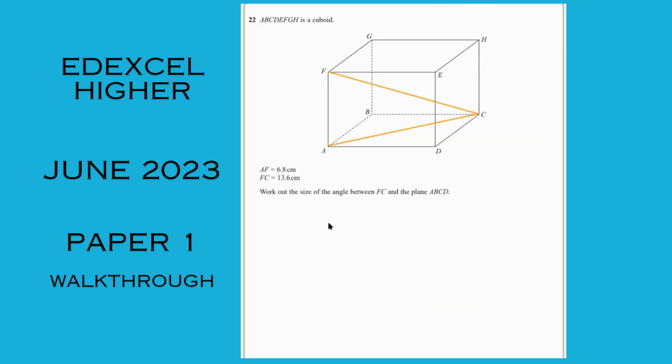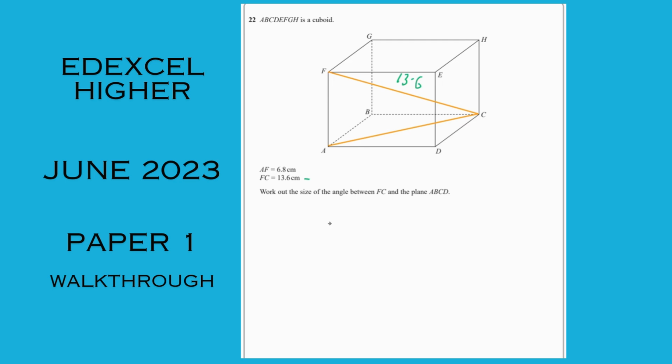So number 22, I think is bog standard 3D trig, but with a little bit of sneakiness to it, because don't forget it's non-calc, so there must be a way of doing it. Because you want an angle, if you had a calc, you'd press the shift and so on button. So I've marked on F to C, which is 13.6.